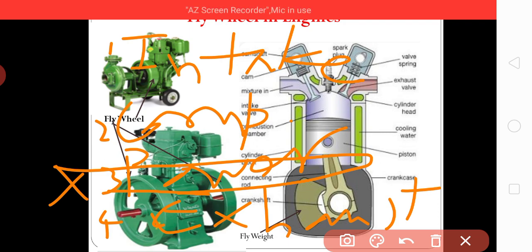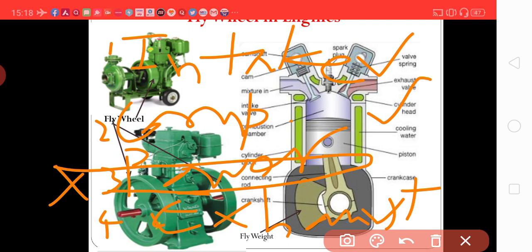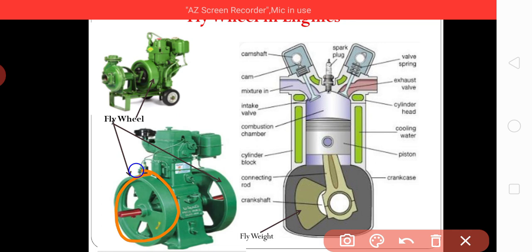Then how to run this engine continuously? From where should we get the required power to complete the first, second and fourth strokes? Power or energy for these strokes you are going to get from the flywheel. This flywheel will give you the energy for the remaining 3 strokes, because you are getting power only in the power stroke, that is stroke number 3.